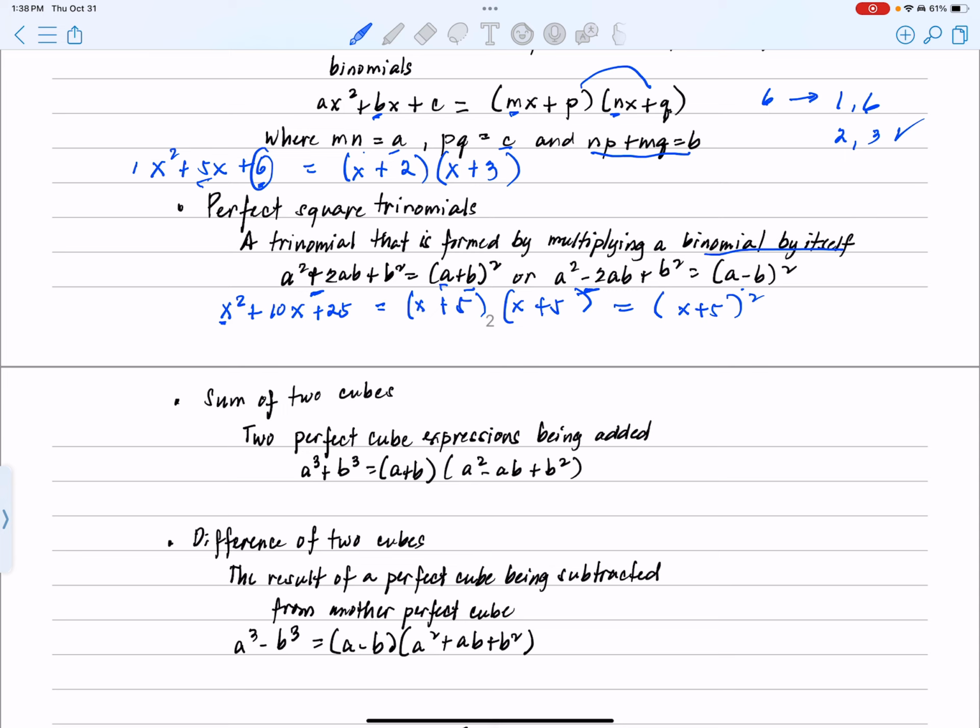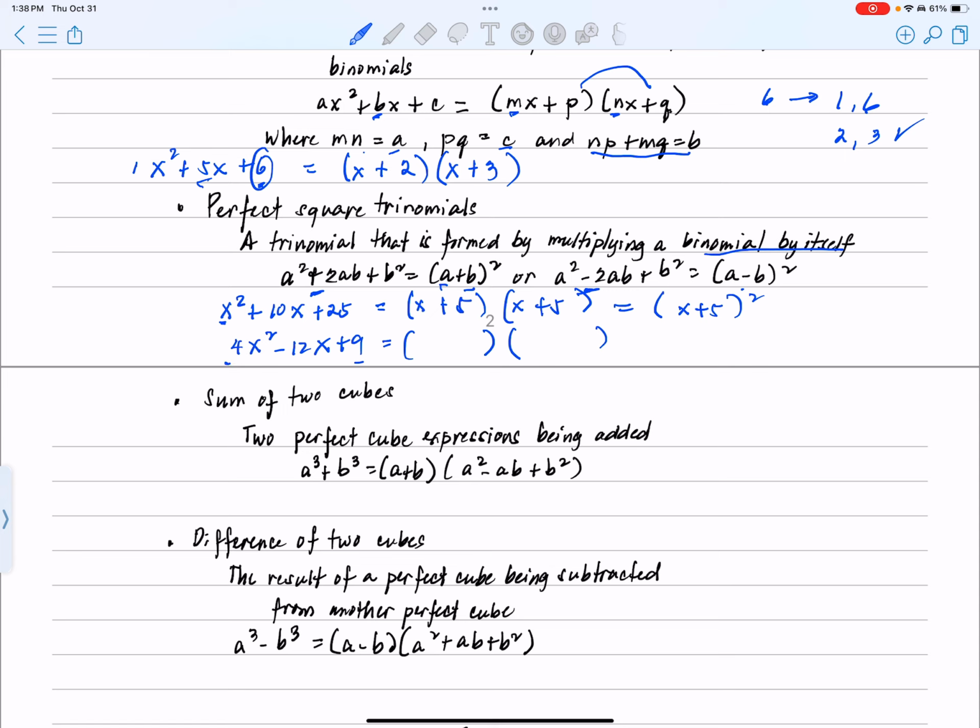Or if you are given like 4x squared minus 12x plus 9, all right. You have a perfect square. Your coefficient here and here, perfect.